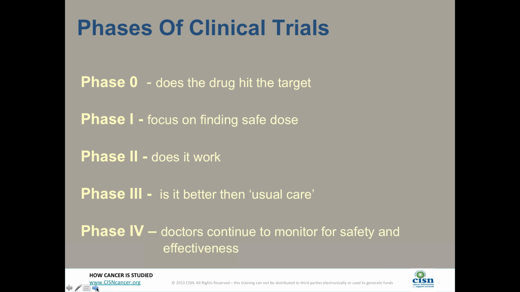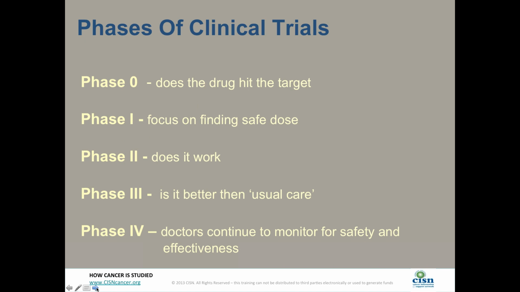So again, just a little summary. Patty gave a whole entire talk on clinical trials, so we're not going to spend hardly any time on that. But the take-home for the phases is: phase 0, does it hit the target? Why spend time and money if it doesn't hit the target? So just get that question asked and answered really quickly.